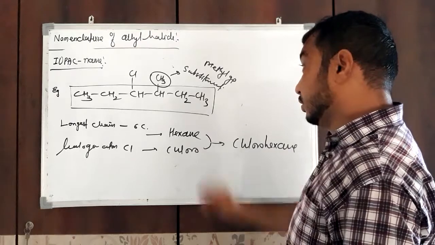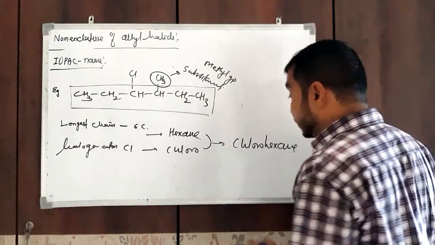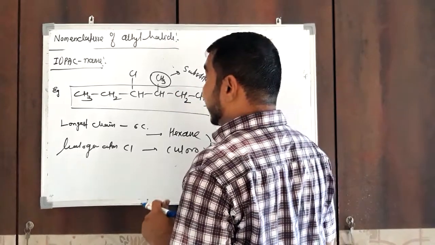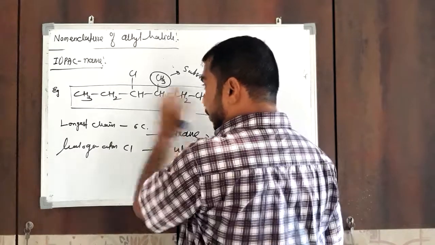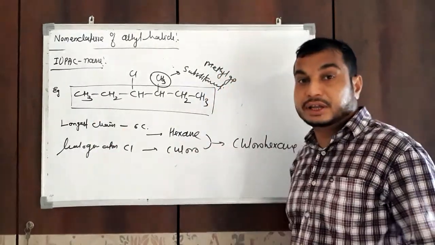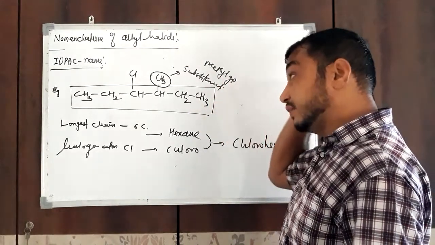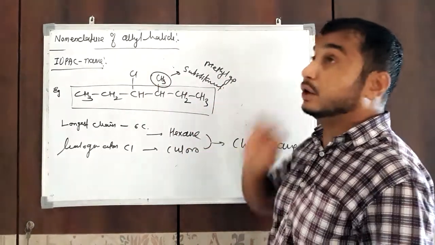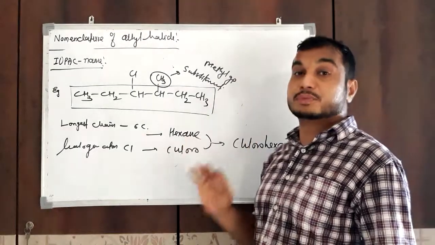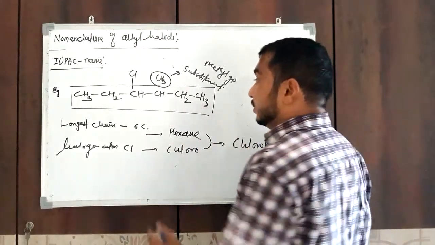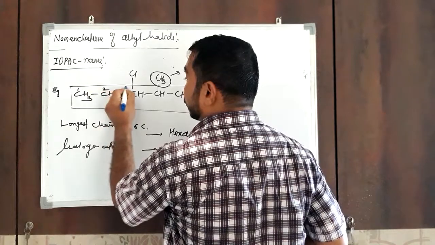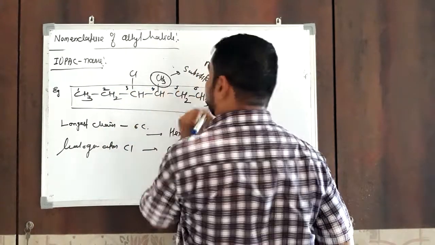Now one substituent is there, and we have to identify the position. Give numbering to the carbon atoms present in the longest chain. We have to give numbers in such a way that the carbon having the halogen atom gets the lowest possible number. So 1 2 3 4 5 6.